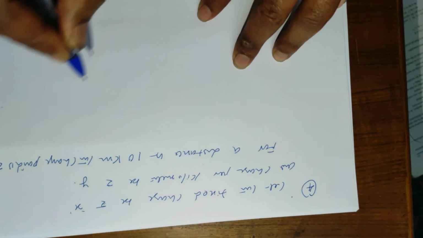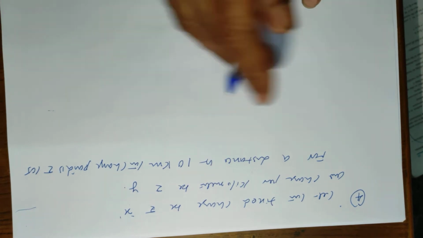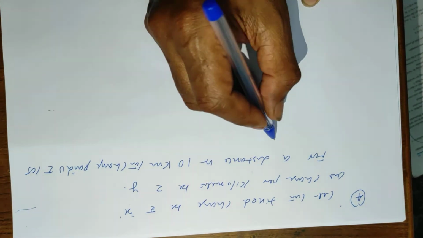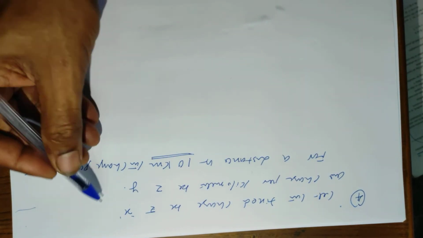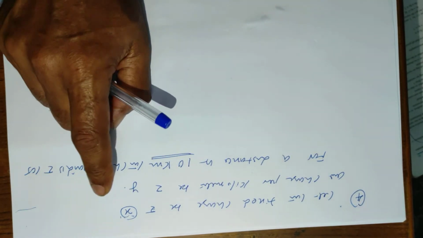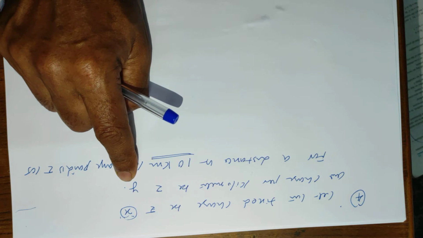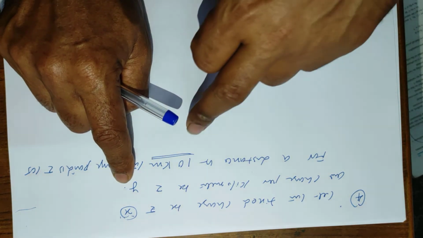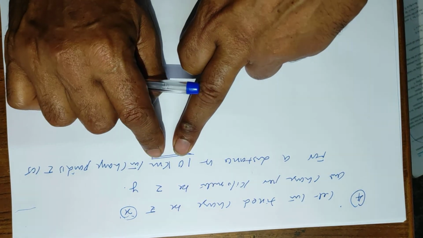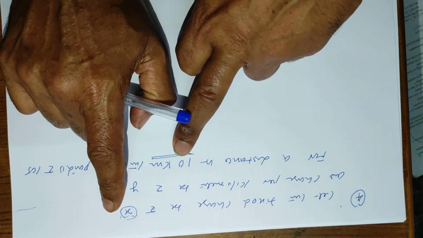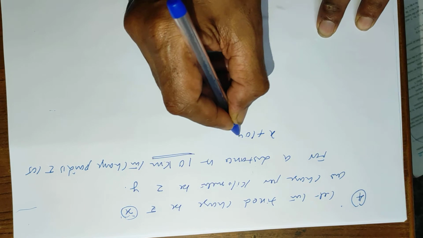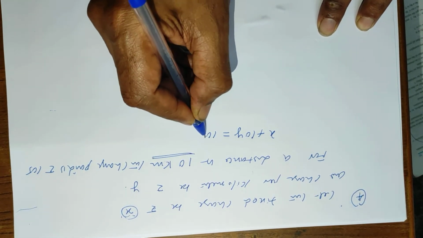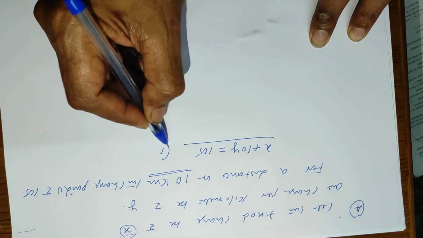Let me write it in the form of an equation. X, that is the fixed charge, plus for 1 kilometer it is Y, for 10 kilometers it is 10Y. So X plus 10Y is equal to 105.